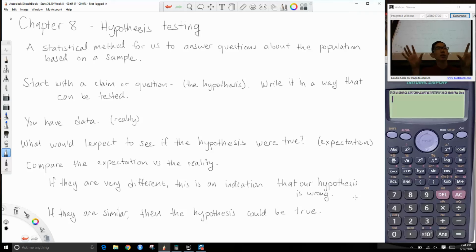If they're quite similar, then our hypothesis could be true. It doesn't prove that it's true, but it says it could be true. On the other hand, if the expectation under the hypothesis is very different from what we actually see, that's a strong indicator that the hypothesis is wrong.